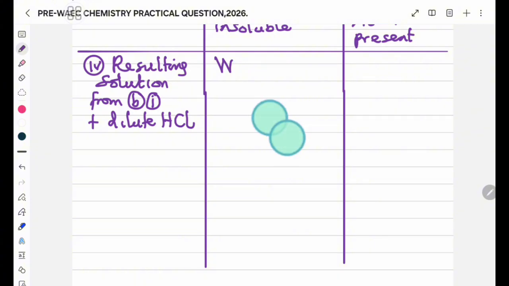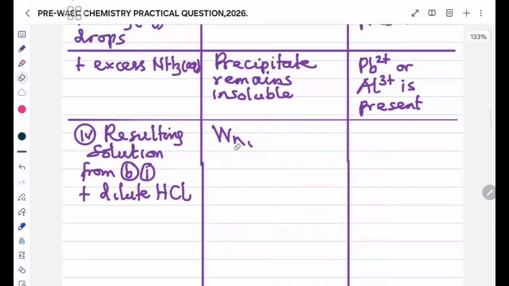When you add dilute hydrochloric acid to that solution from the residue you prepared, a white precipitate will be formed.